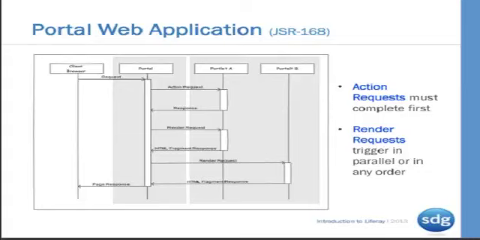During the action request from portlet A, you could send up an event, and an event gets sent to all the portlets on the page, and then after that the renders would be called. But during that event, if portlet B gets the event, it could actually raise another event, and all the portlets would get that event. So it gets real complicated real fast.